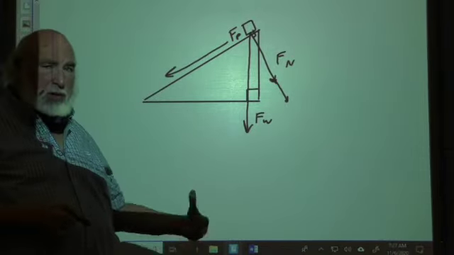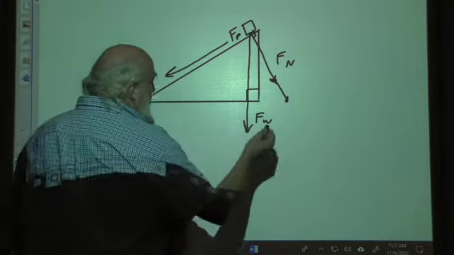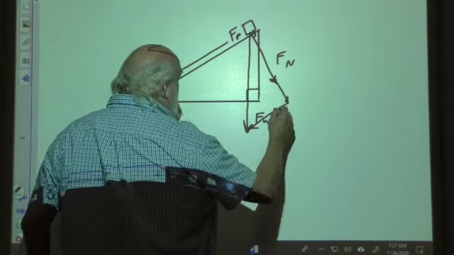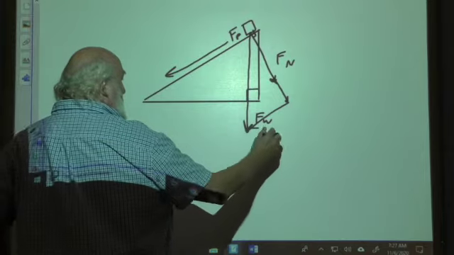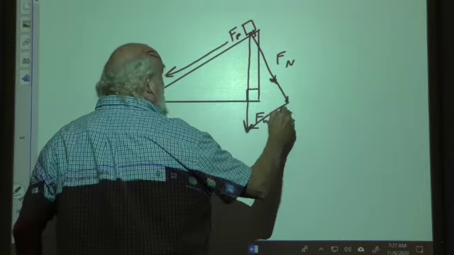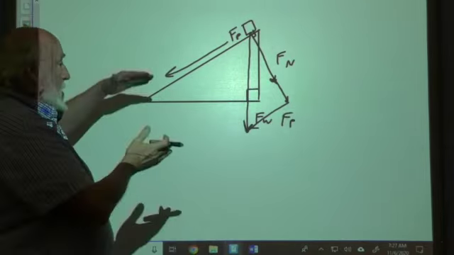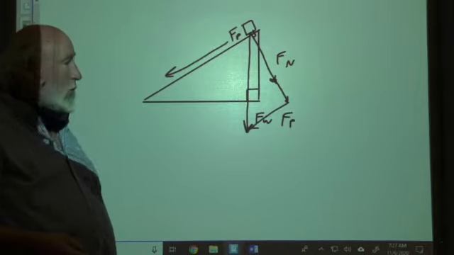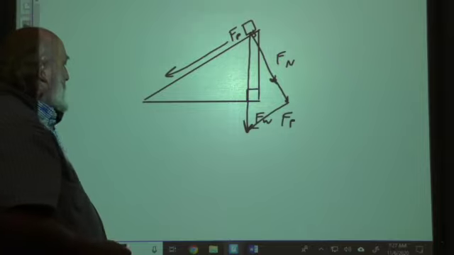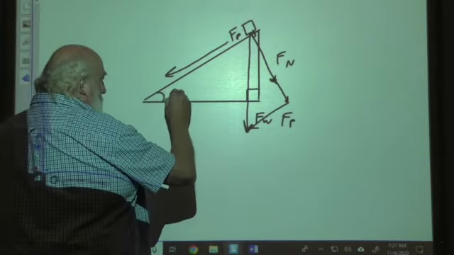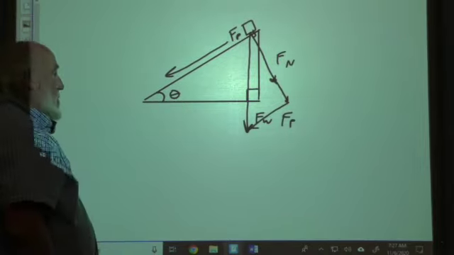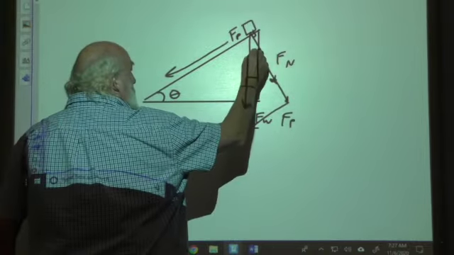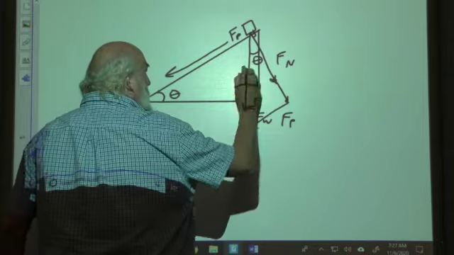Normal meaning perpendicular. Now, if I complete this triangle right here, you see that this resultant force right here is the same as the Fp over here. It's parallel. That's why we call it parallel force. But this angle, whatever this angle is, and we'll use the mathematical term theta, shows us that we have similar triangles here.